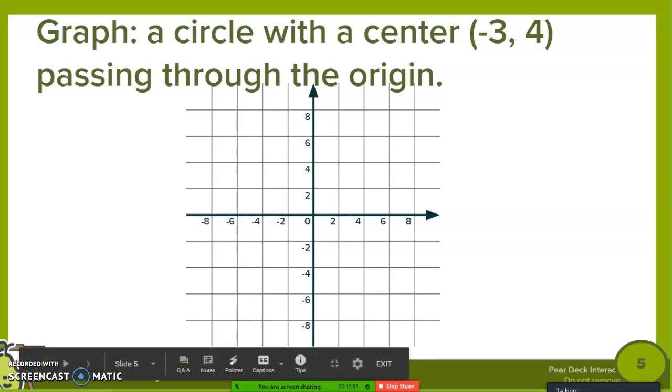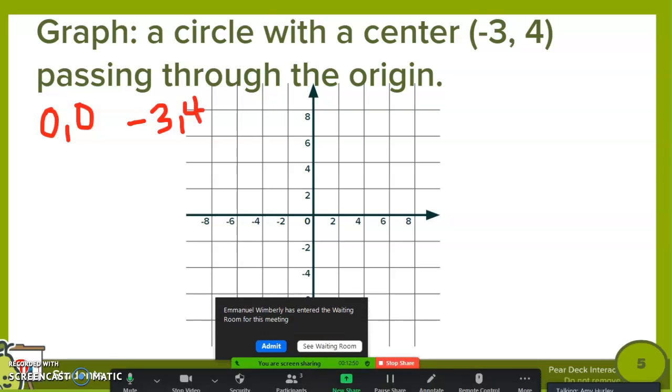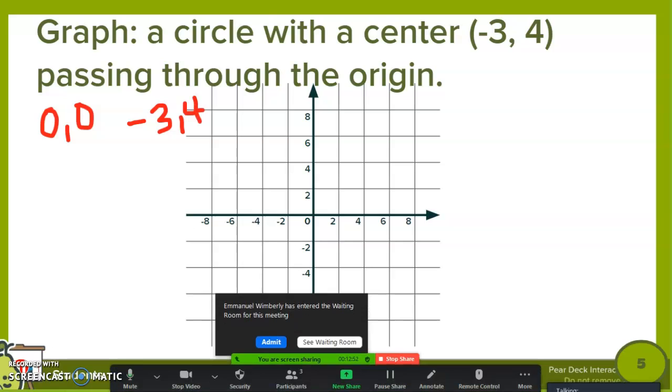Okay, so if the circle is passing through the origin, that means it passes through the point 0, 0. So 0, 0 is a point on the edge. -3, 4 is a point at the center. So if we find the distance between those two, then we will have our radius.